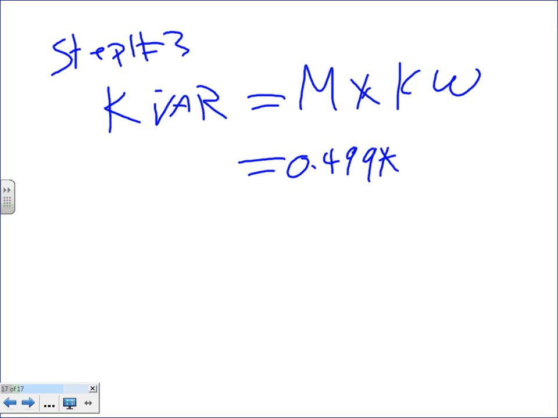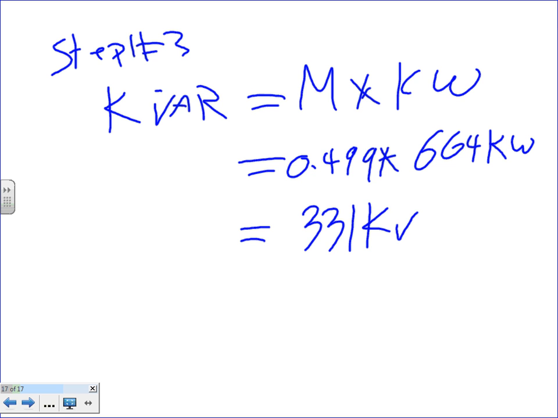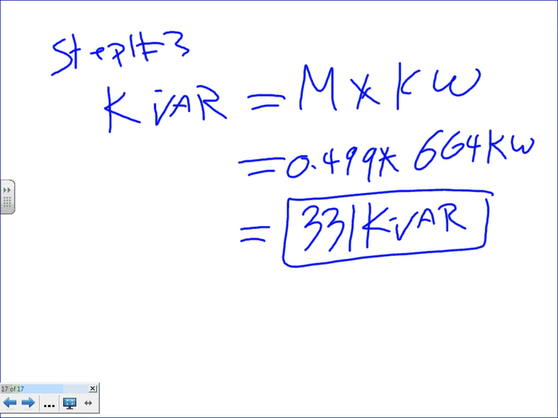What was kW that we calculated just a second ago? 664 kW. And if you do the calculation here, you're going to come up with 331 kVAR.